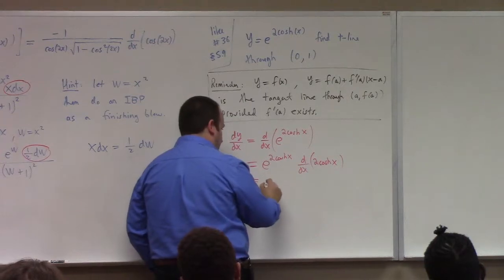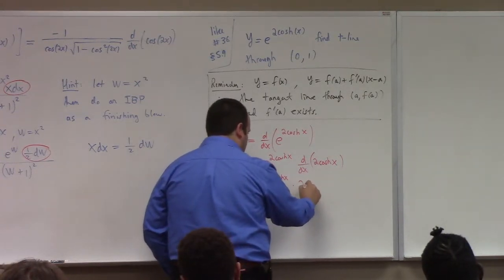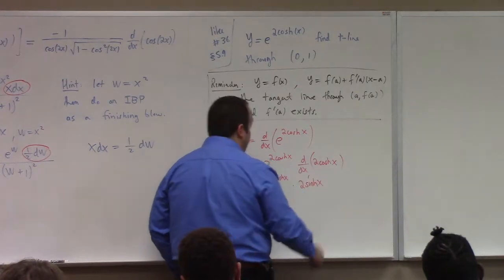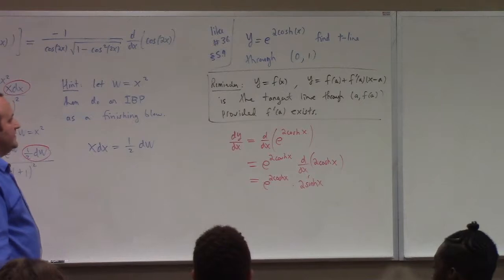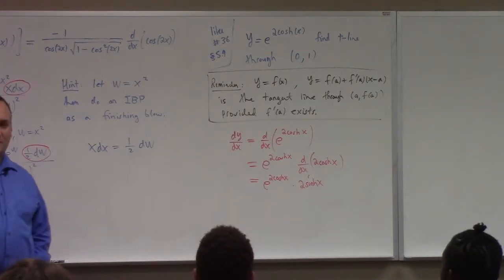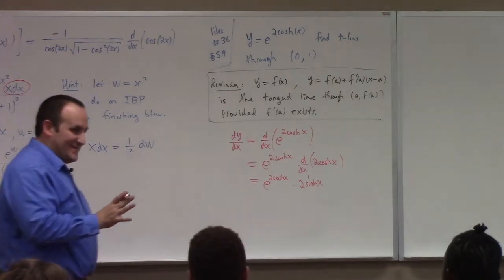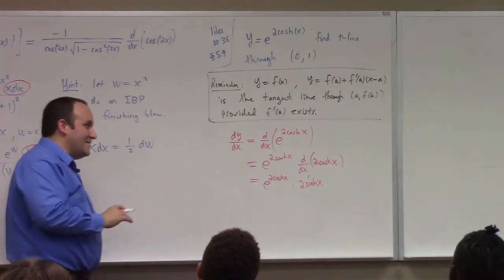So what is that? That is e to the 2 cosh x times 2 sinh x. Oopsie. And I have done something very bad, which is I'm not solving the problem in your homework. That's up for you guys. So this is a related problem, which is not the same.